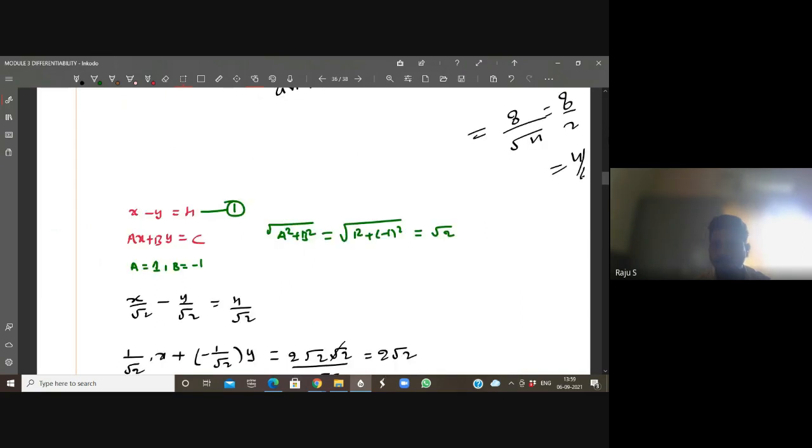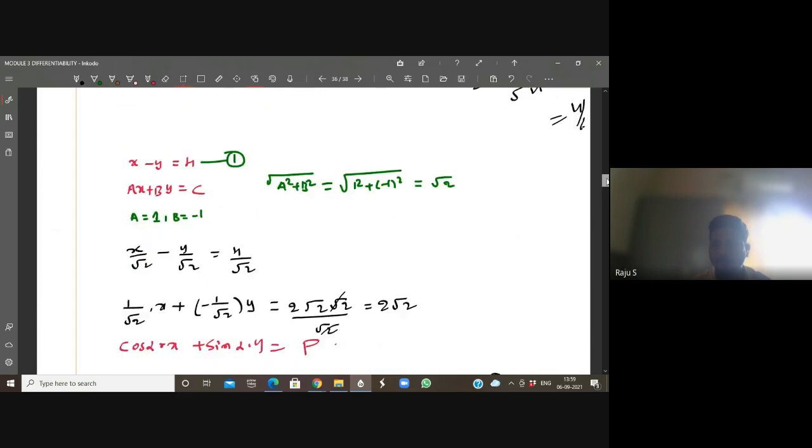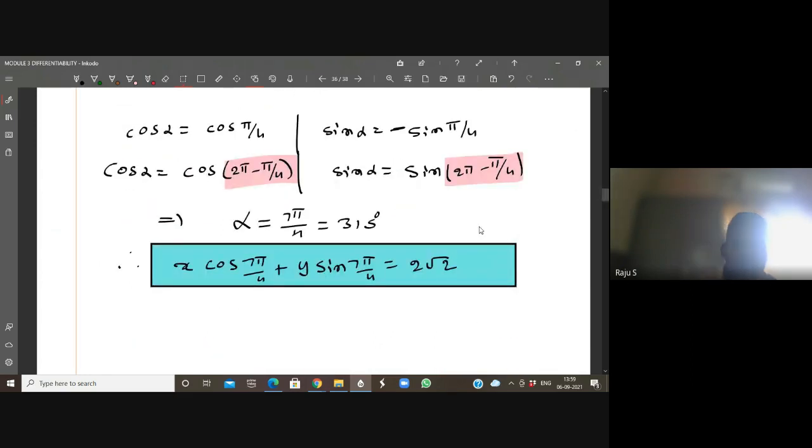Is that clear? This is just the normal form. Just find the alpha value, then write in the general normal form x cos alpha plus y sin alpha is equal to p. You can replace the alpha value after finding it.